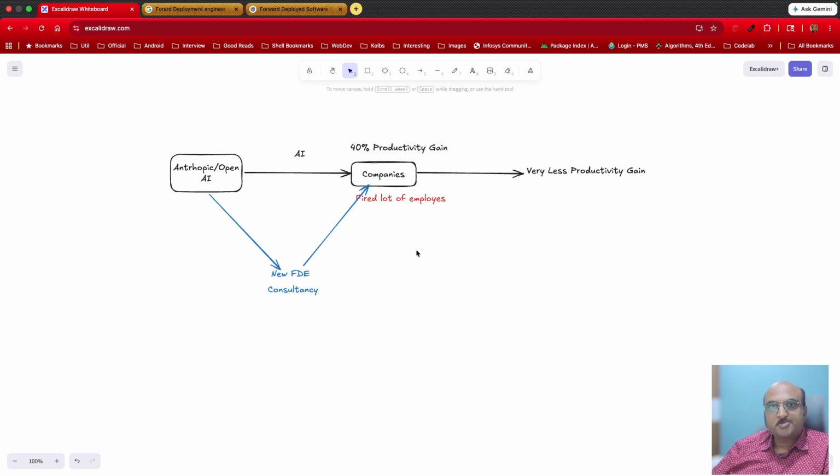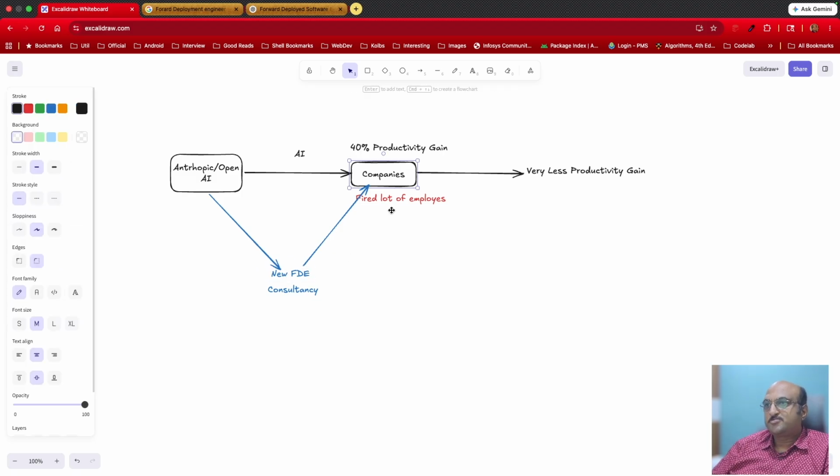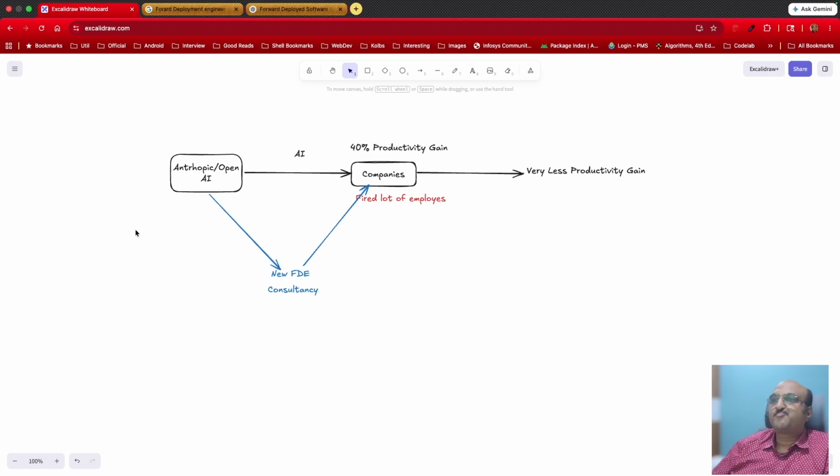Initially, it delivers the goods that you really wanted, but then pretty soon the license costs start going up. And if an FDE is coming to your enterprise from, say, Anthropic or OpenAI, he is going to build workflows, tooling, everything that is very much tightly coupled with Anthropic if he is coming from Anthropic, or very tightly coupled with OpenAI if he or she is coming from OpenAI.